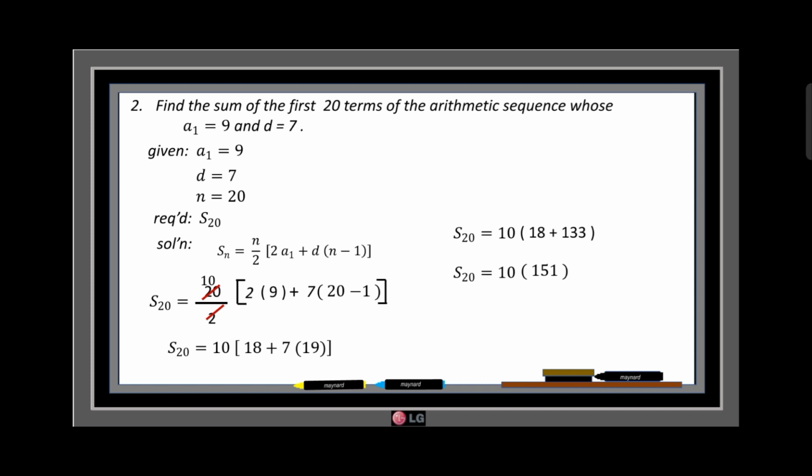And 151 times 10 is 1,510. So, ang sum of the first 20 terms ng sequence na ang first term daw ay 9 at ang common difference ay 7 is 1,510. So, sana naintindihan natin itong example number 2.